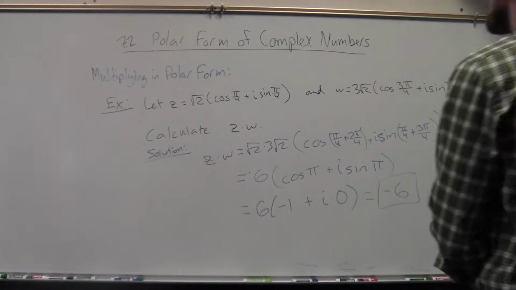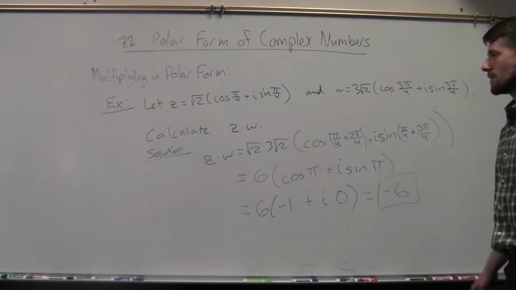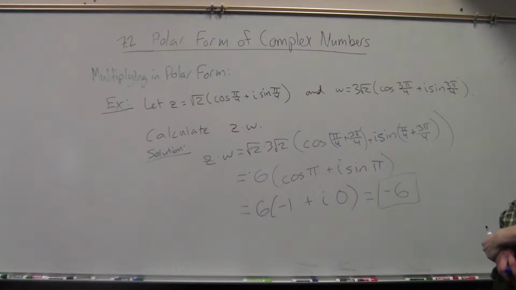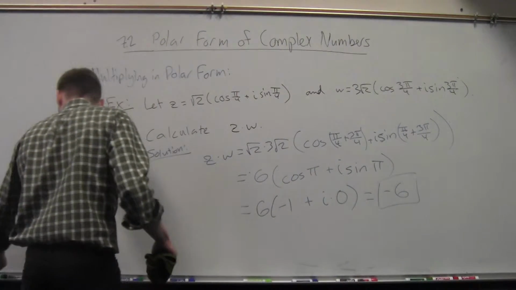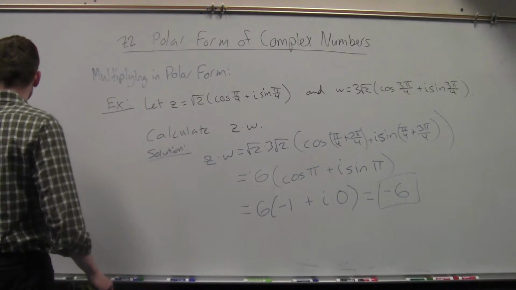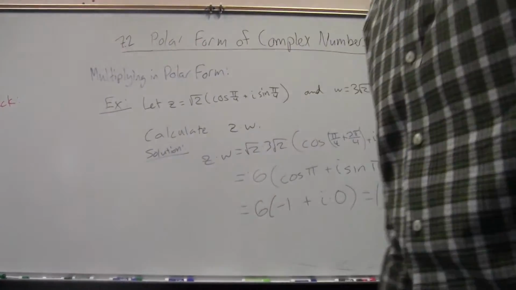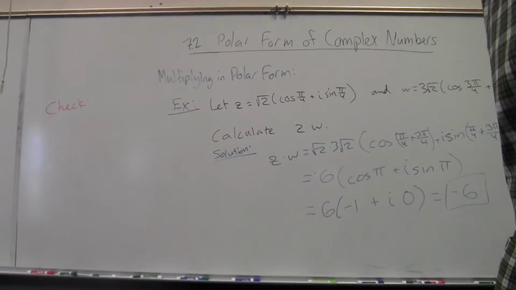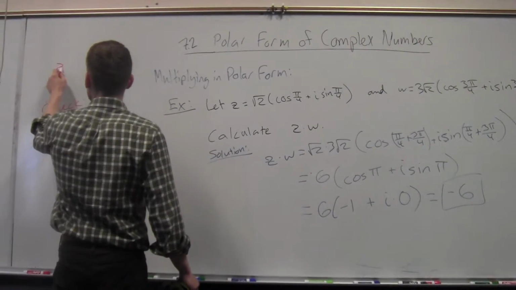Now what I'm going to do is go back to z and w and calculate what they should be in a plus bi forms, and then multiply them together using the distributive property. So let's check our work over here. Compare our answer. So what is z?